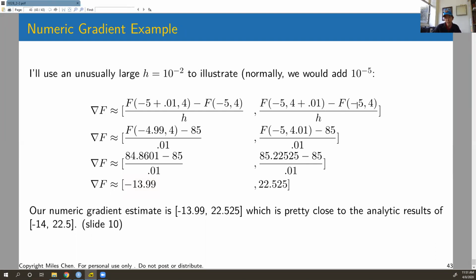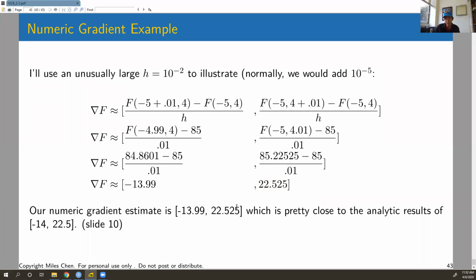On the other side, if I add on 0.01 to 4, that takes me to 4.01. I calculate the function at -5, 4.01, and that gives me the value 85.225. So it goes from 85 to 85.225, just by adding 0.01. Therefore, my gradient for that component is 22.525.